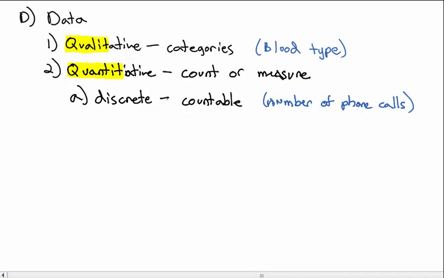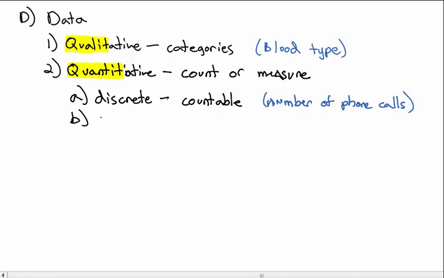You're not going to get 6.2 phone calls. You either get 6 or you get 7. It's discrete. You jump from one value to the next. And that doesn't necessarily mean whole numbers. It could be 5, 5.5, 6, 6.5, but we're missing the in-between values. You can't get 5.1238. Discrete is countable.